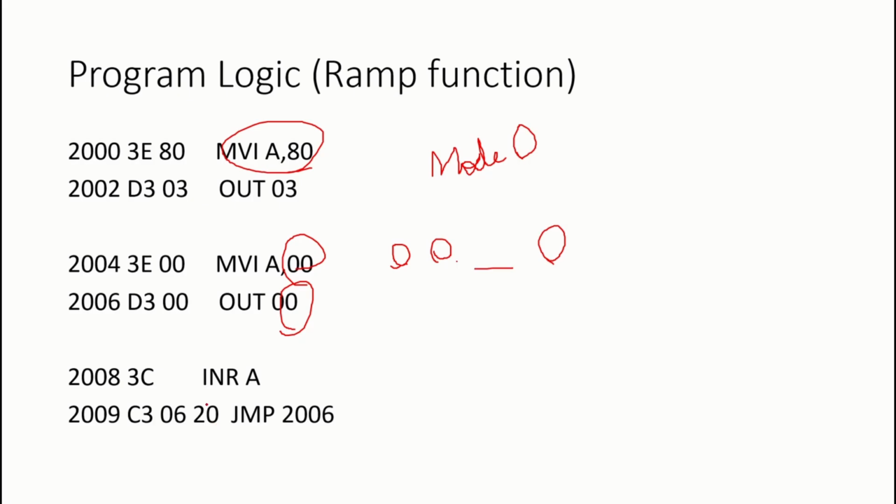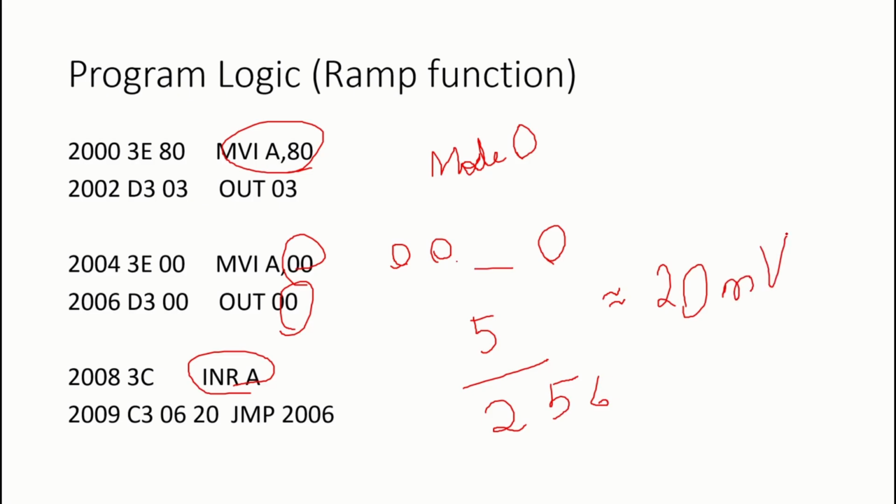So the ramp waveform begins at the lowest voltage level. Then INR A increments the value stored in the accumulator by 1, and each increment changes the voltage by approximately 5 by 256, because our reference voltage in this experiment is 5 volts, which is about 20 millivolts.